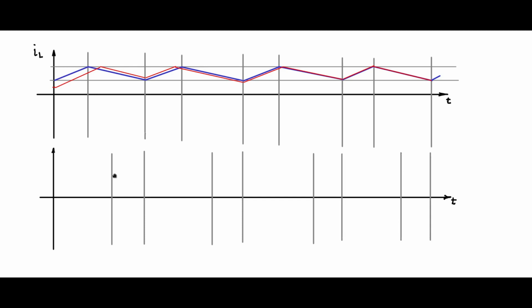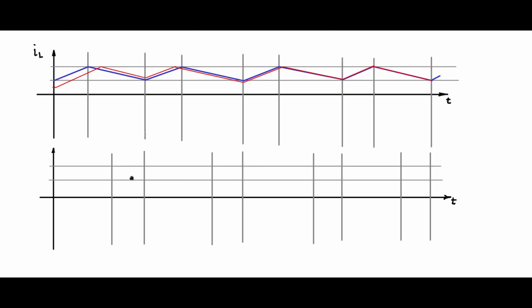So now when the duty cycle is greater than 0.5, what happens? Let me again mark the top and bottom of the inductor ripple. I will keep it same. And what is the steady state normal expected value of the inductor current? Let me first draw that.